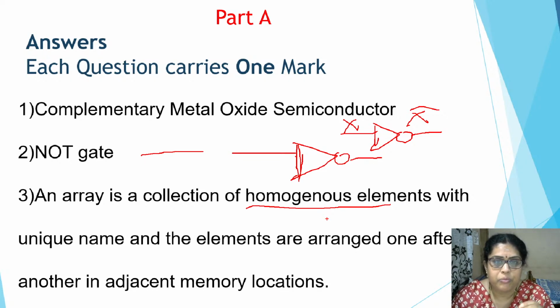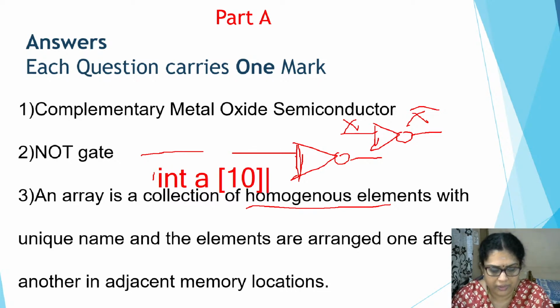If I declare an array like this, int a[10], then these elements a[10] are all going to be of type integer. That's what we mean by homogeneous elements.